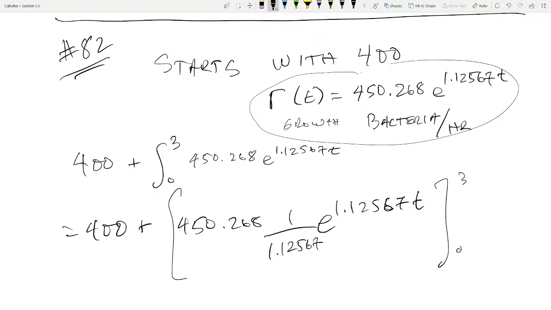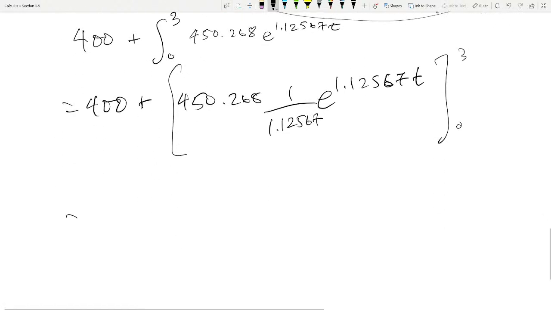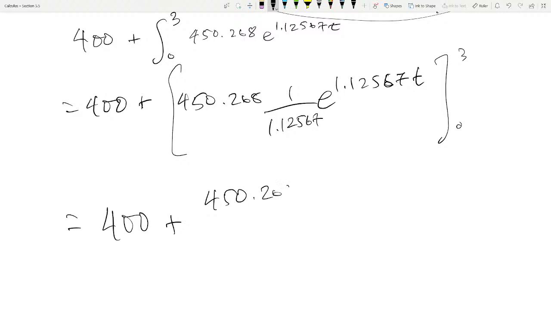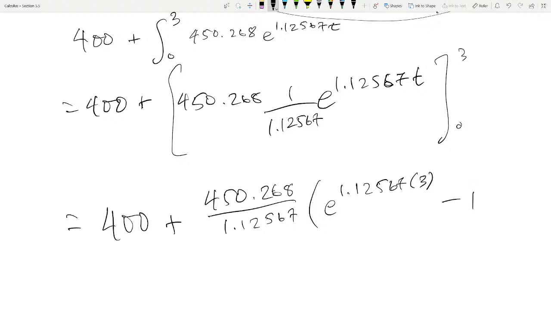Okay, when all the dust settles, we get 400 plus, I'm going to plug in the 3. So basically we have 450.268 over 1.12567, and then e to the 1.12567 times 3. And then I'm going to plug in 0. That'll give me e to the 0, which is 1. So minus e to the 0, which is 1.